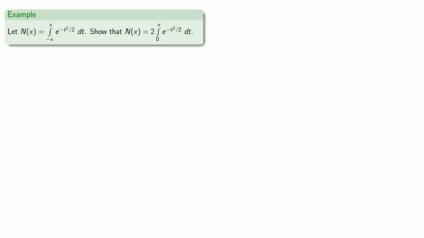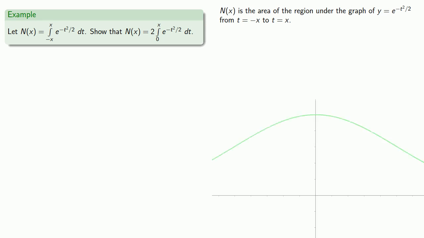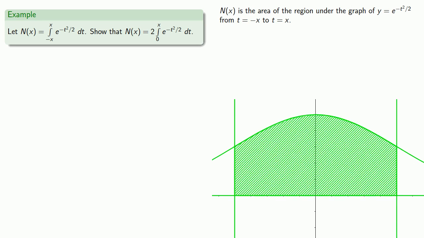So the geometric content of the definite integral says that n of x is going to be the area of the region under the graph of y equals e to the minus t squared over 2, above the x-axis, from t equals minus x to t equals positive x. However, it's useful to note that y equals e to minus t squared over 2 is actually symmetric about the y-axis.